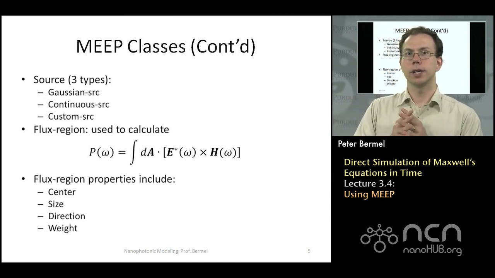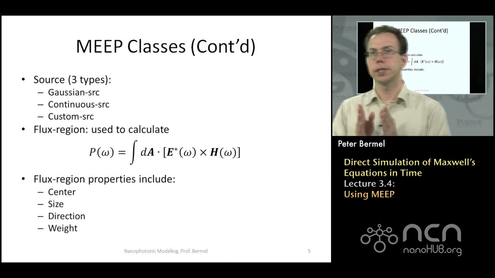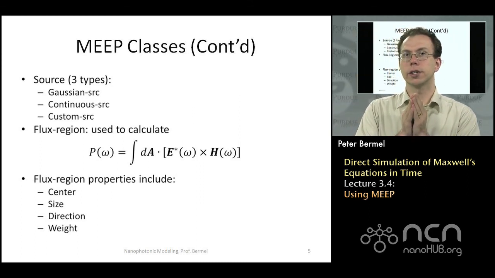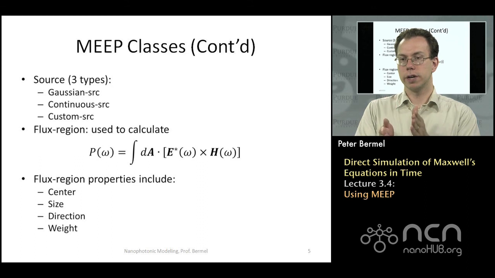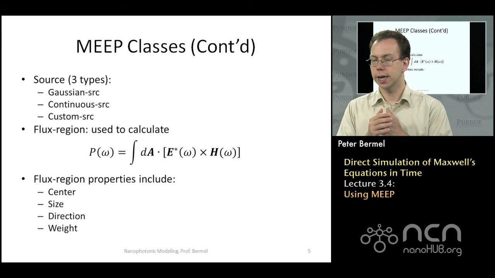Another thing that's very important that goes hand in hand with the source is the flux region. The reason why we are so interested in using flux regions is that in order to calculate a reflection or transmission spectrum, we have to look at the Poynting flux through various planes that would be interposed between the source and some sort of either filter or other dielectric object that we're trying to study.